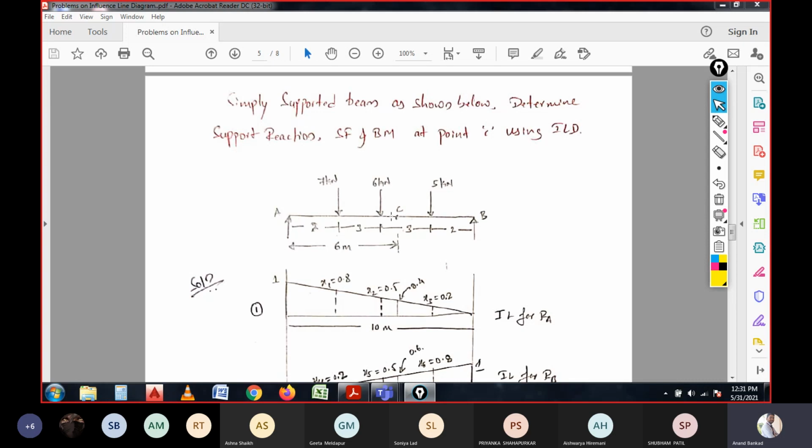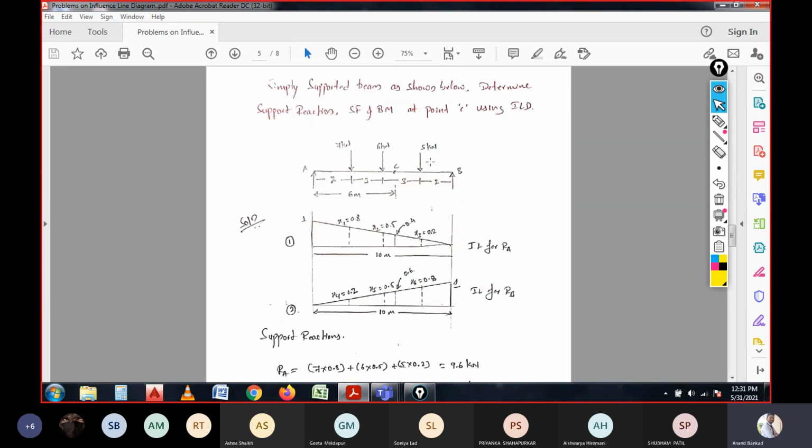So now, if you want to calculate the support reaction, shear force, and bending moment, let us consider one by one. So support reaction, what it is exactly shown over here. The diagrams need to be considered in a similar manner to what we had learned right here.